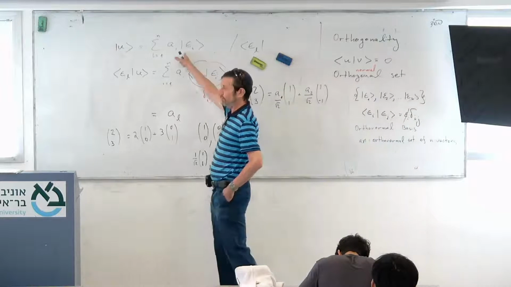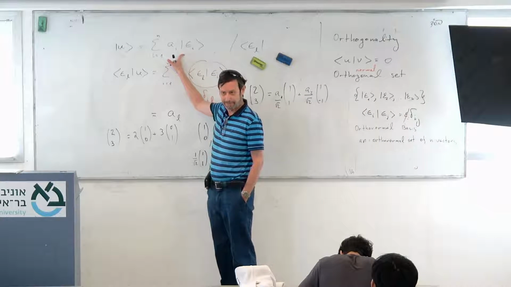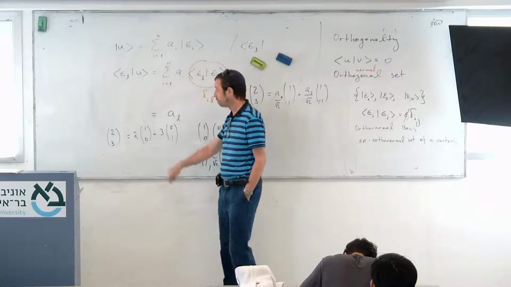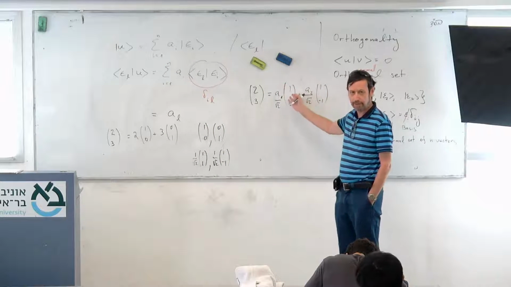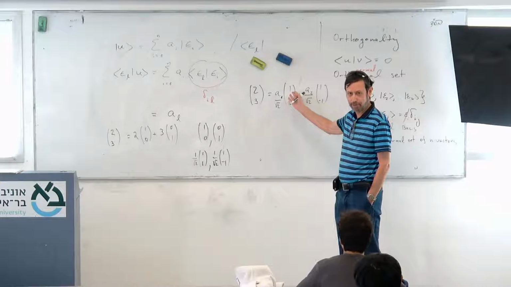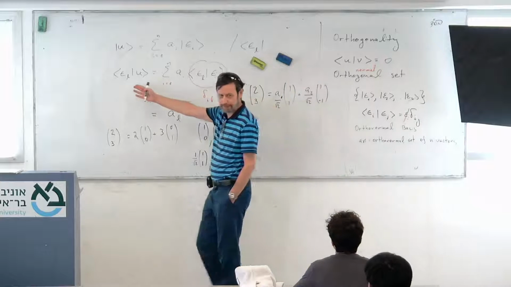That's actually what's written here. How do I do it? I can either write down a set of linear equations or use what's written here.